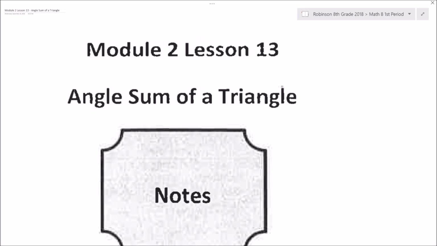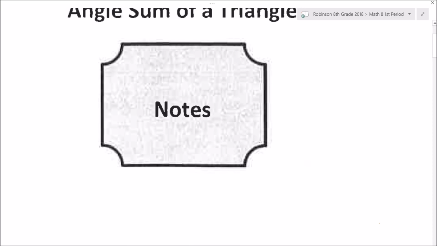Okay, so angle sum of a triangle. There's a couple things that we need to know. This is something that I think we actually talked about last year, but we're going to talk about it again just in case. So first, before we start, a reminder.